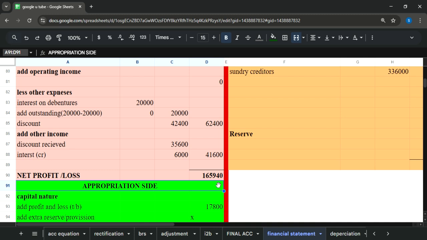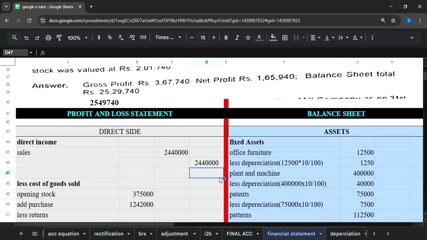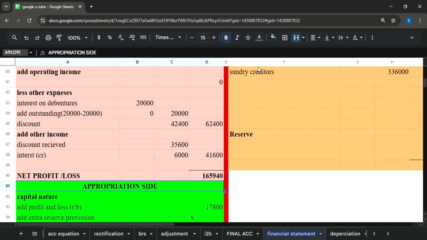So we have got our net profit 165940. Let's check it from the book. The net profit given in the book is 165940, and our net profit is 165940. It means all amounts present in this part are also correct. So it's a sigh of relief.